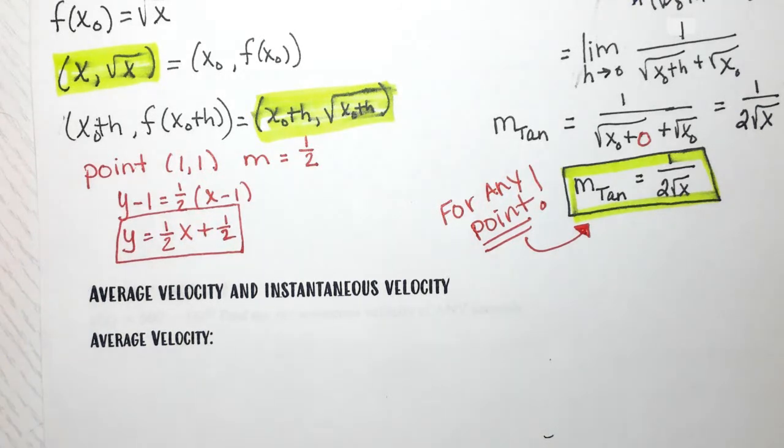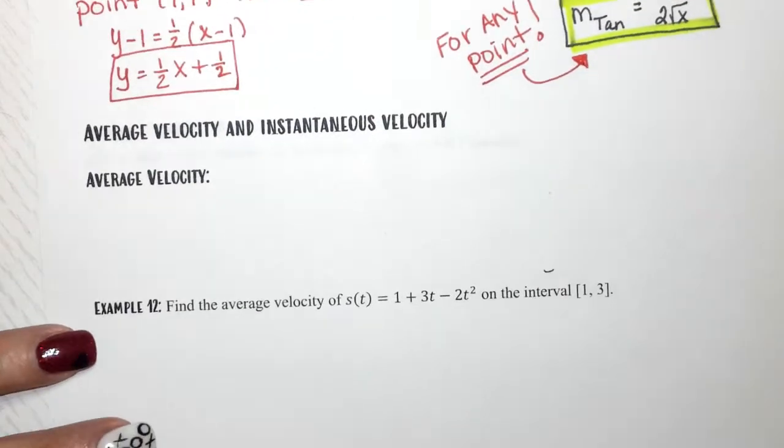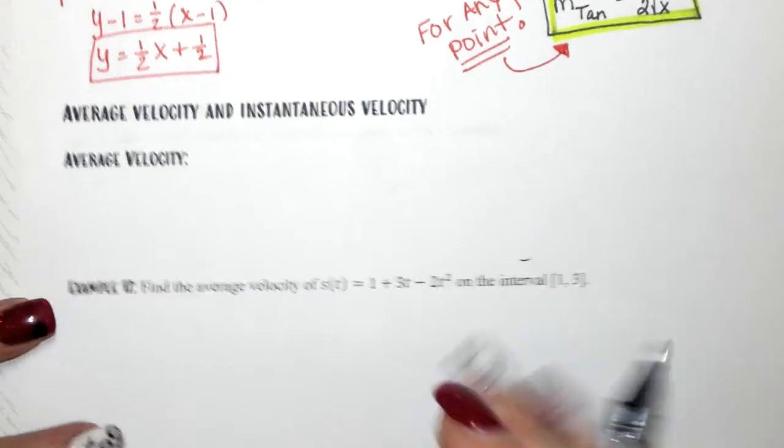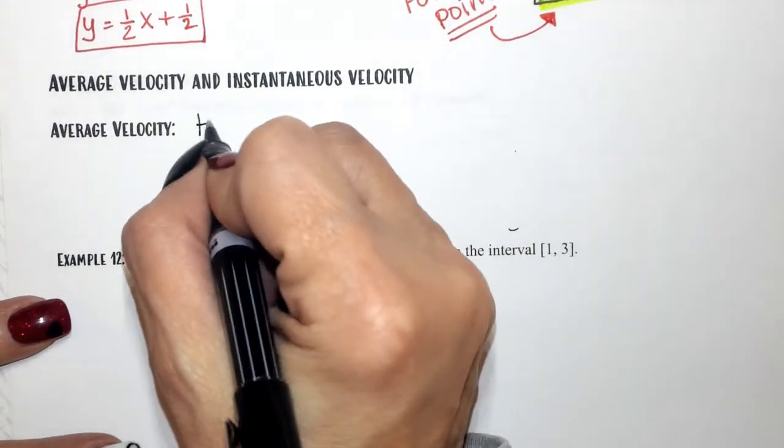All right, average velocity and instantaneous velocity. So average velocity is how far you've gone divided by how long you took to get there. Think about it, displacement over time. All of you have had physics, so you kind of know that. So let's just write that down.